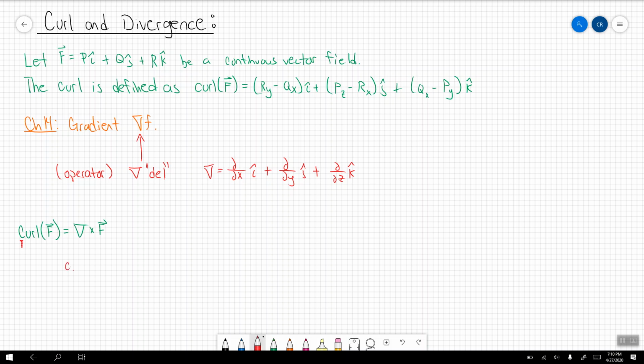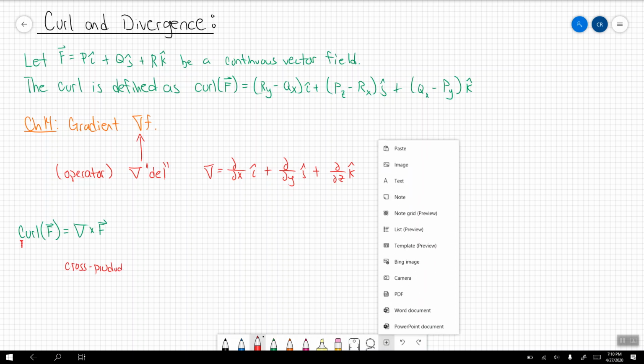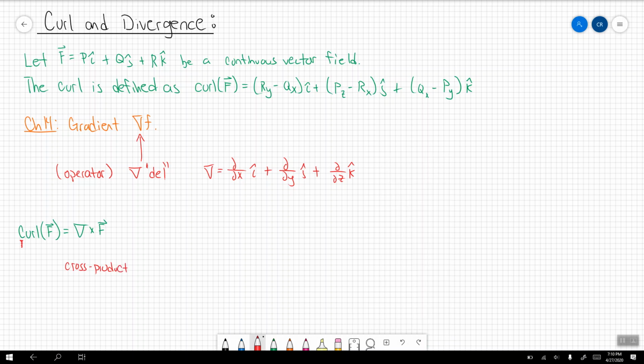What's that? That's a cross product. What letter does cross product start with? C. So whenever we think of curl, we must think of a cross product, the cross product between the vector field and del, or del and the vector field.